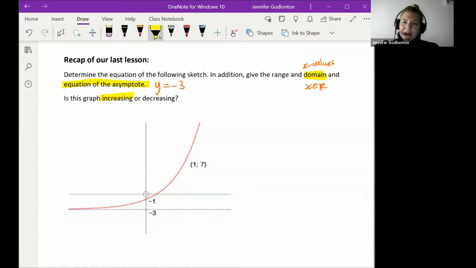Okay. Last one. What is the range? Think about it before you write your answer. Think about if we are above the asymptote or below the asymptote, and then think about what that will mean. So think carefully and then type that answer in the chat for me.